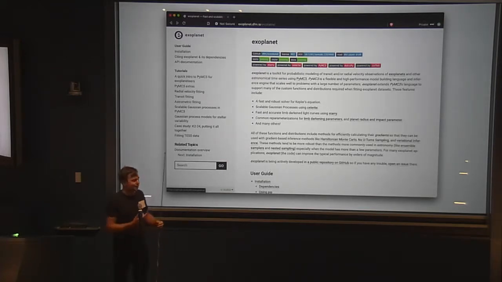The main thing that's special about the methods developed as part of this project is that I take advantage of the derivatives of the model with respect to the physical parameters. And that can speed up your MCMC convergence by orders of magnitude. If anyone's done MCMC before, it requires a lot of patience. This can really, really help.